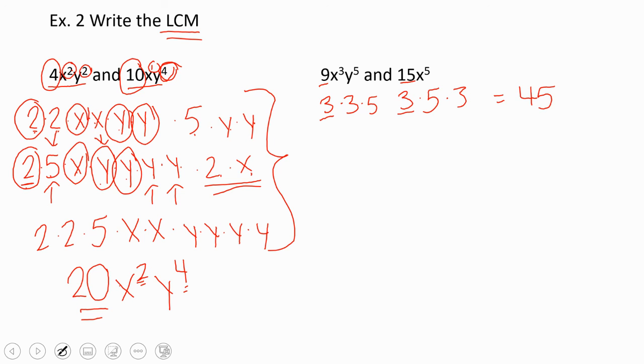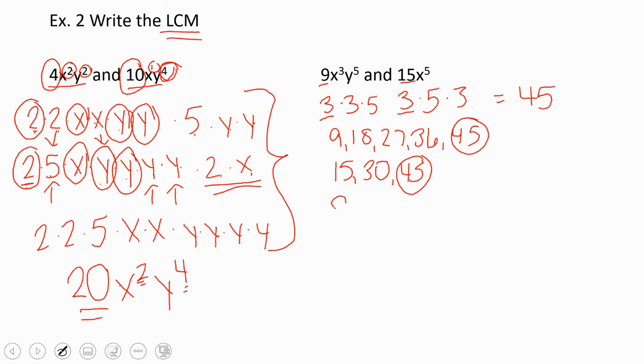What was the second method I wanted to do? Oh, you could list out the multiples. So 9, 18, 27, 36, 45, 15, 30, 45. Okay, or you could do the dividing method. Divide those both by 3. Can't divide those both by anything.